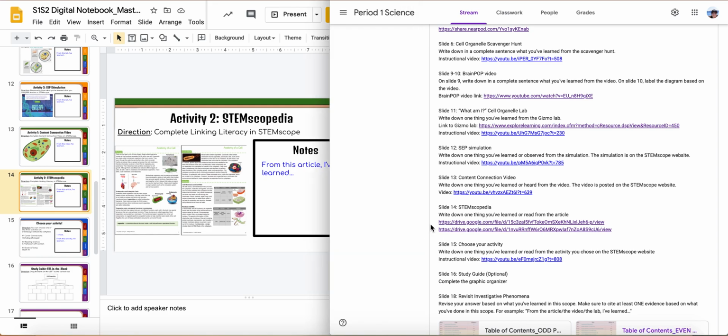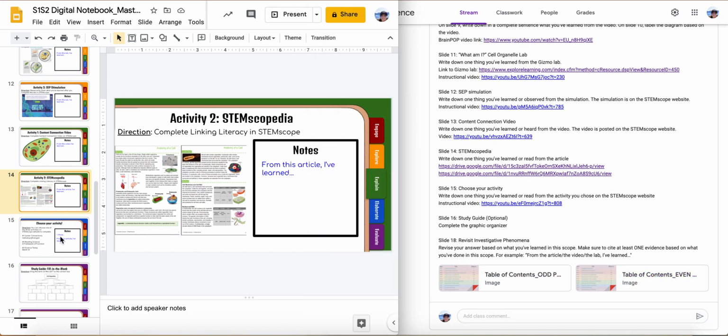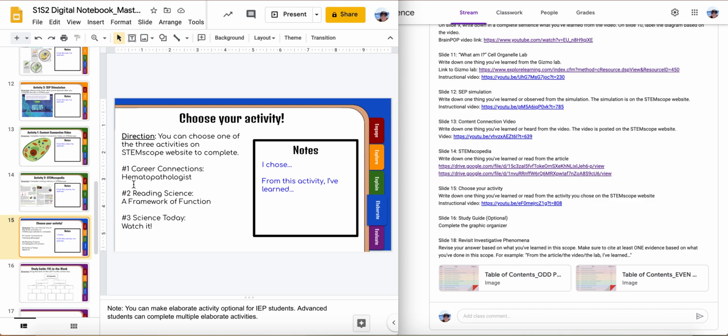Right here, there is the article in English and the article in Spanish. Slide 15, you choose one out of the 3 activities that you will complete. They are all on the STEMscope website. If you want to take a look at the instruction video, go ahead and click on this link.